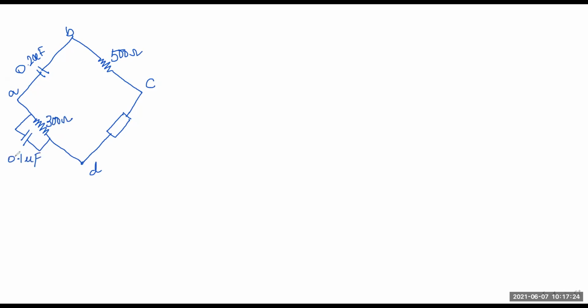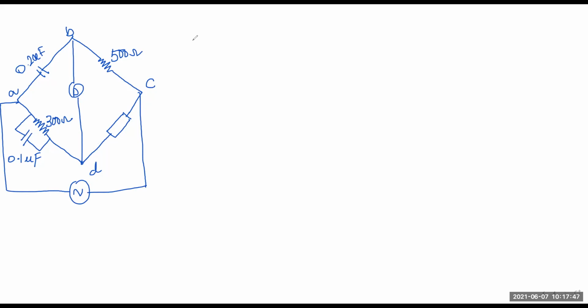Got it? So you have to find the R and C of the arm CD, because the CD arm is unknown to us. And here we'll have a detector D. And here you will have the connection with a supply, just like this. Okay, this is my figure.